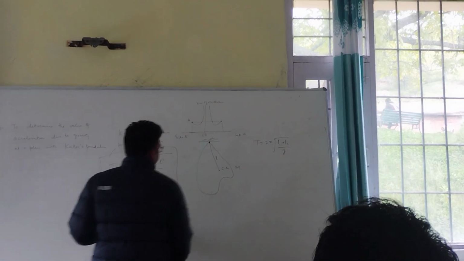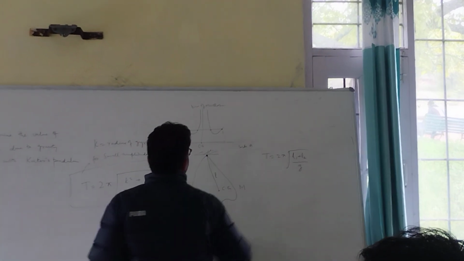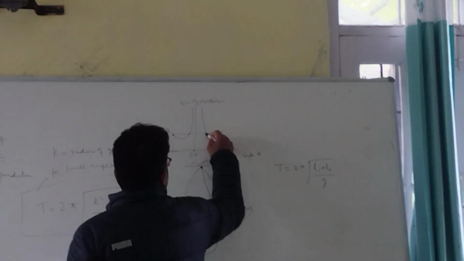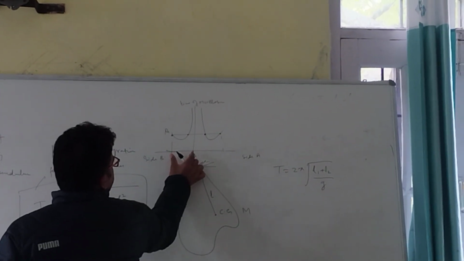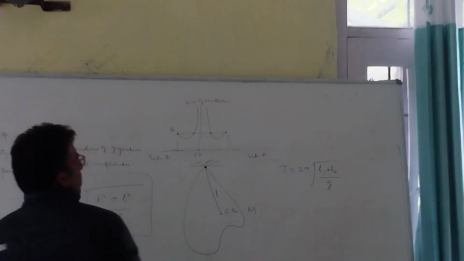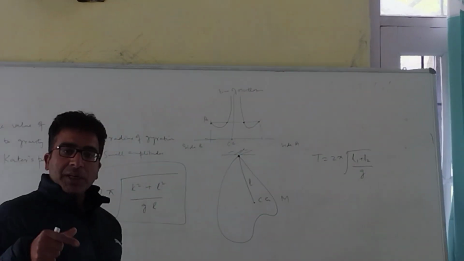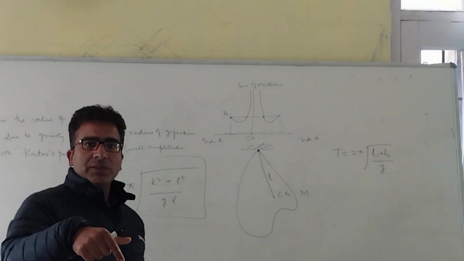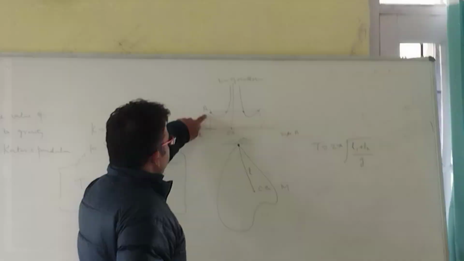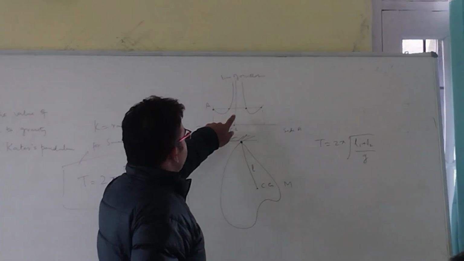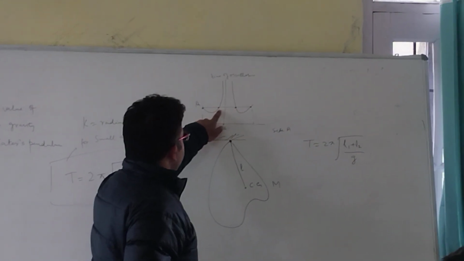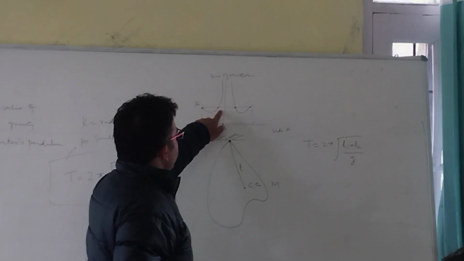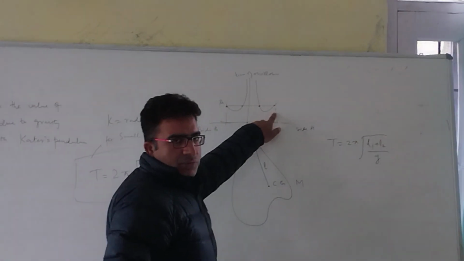Because the center of oscillation and center of suspension are not equidistant from the center of gravity. So if you take this point as the center of suspension, then this point is the center of oscillation. If you take this as the center of suspension, then this point is the center of oscillation.